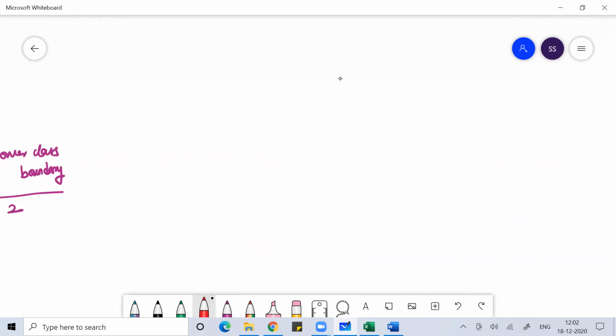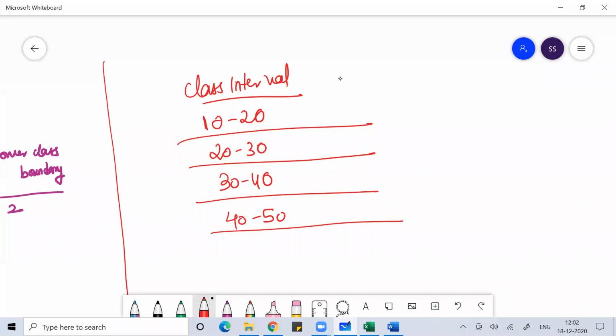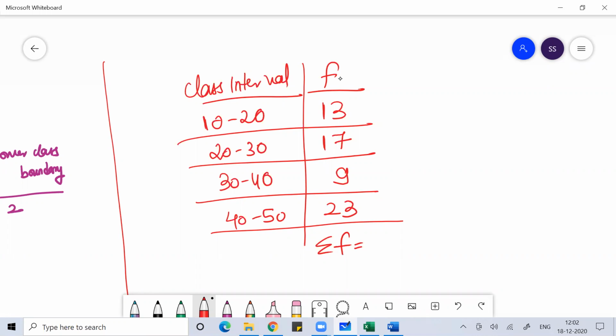Suppose you see a question like this, where the class intervals are given like 10 to 20, then 20 to 30, then 30 to 40, then 40 to 50, and the frequencies are given something like 13, 17, 9, 23.